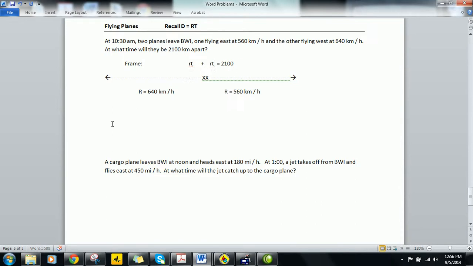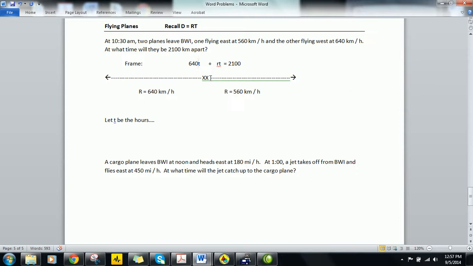I'm first going to start with my variable. Let t be the number of hours. The first plane is flying 640 kilometers per hour, so the distance it travels, rate times time, is 640t.